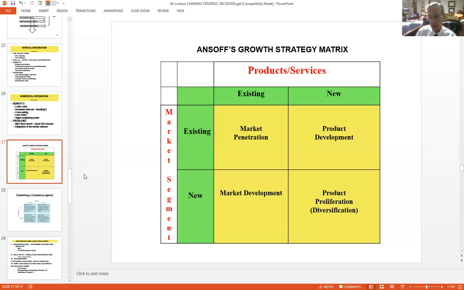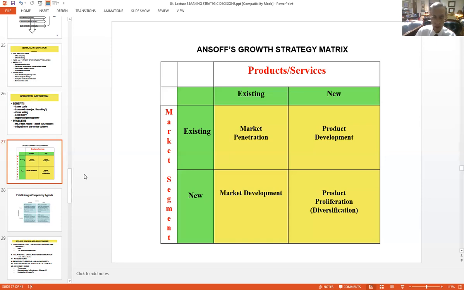One possibility is that we could take these products that we make now and offer them in new markets. And so we go to other regions of our existing country or other countries. And this is basically the approach we take to international expansion. Now we got to be careful, right?